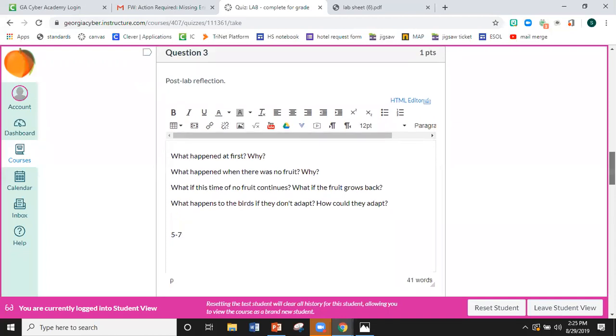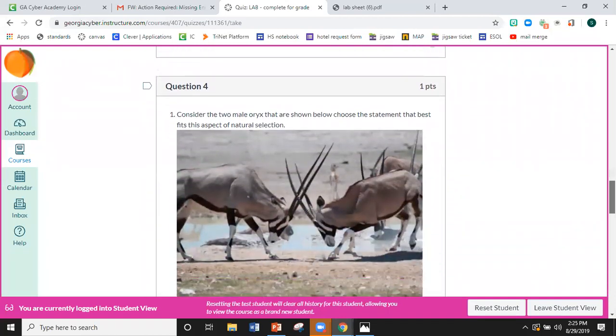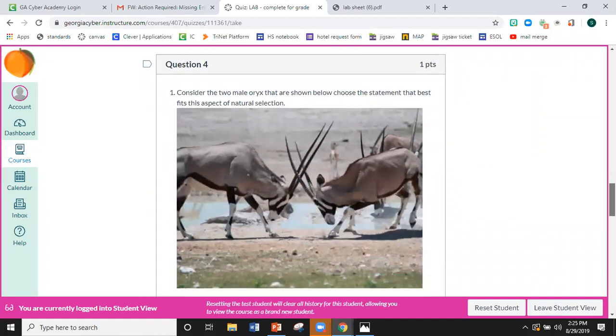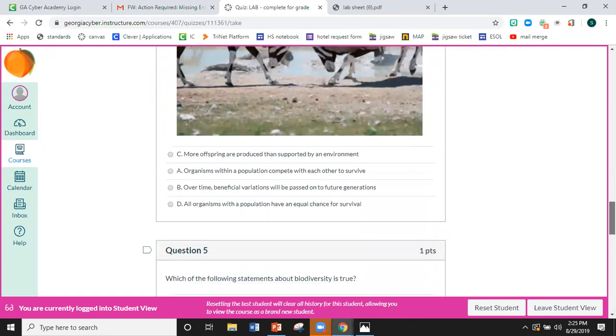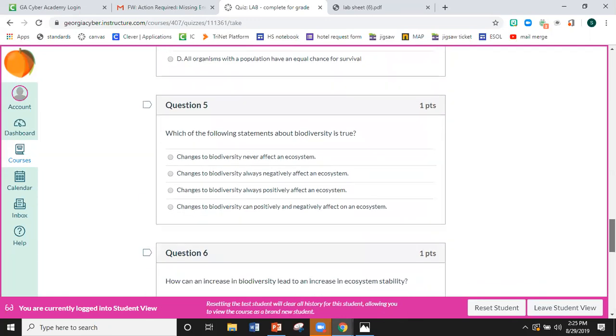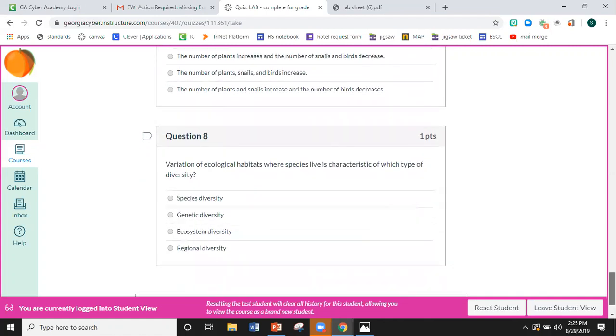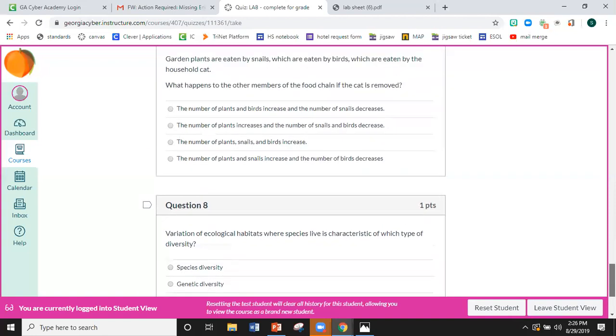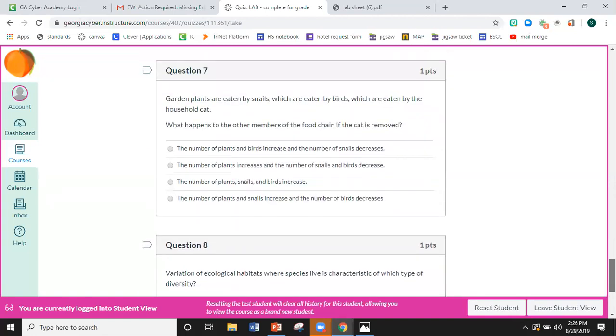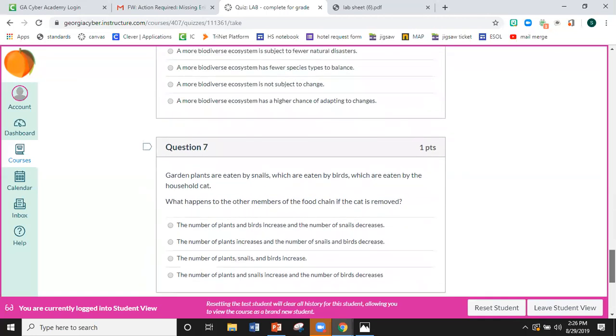Then you're going to come down to the bottom. A couple of multiple choice questions. I think there are 5 actually. Question 8 is a review of what we did earlier this week. Question 7 asks you to use your brain and tell me what happens in the food chain.